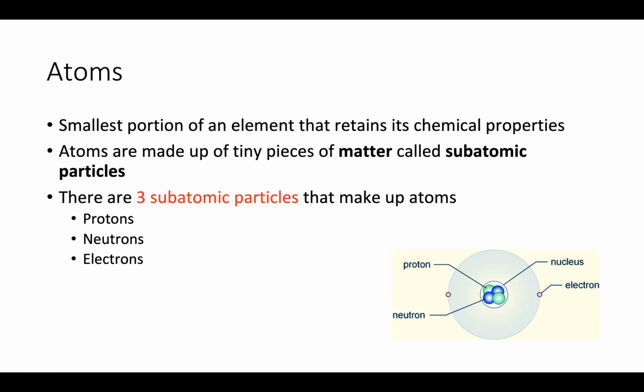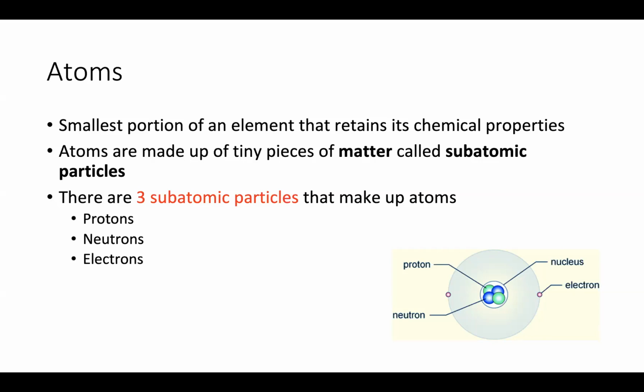If you're asked to describe the structure of an atom, you're going to draw your little circle that represents the atom itself, and then in the middle you're going to have that nucleus, right? And inside of our nucleus we have protons and neutrons. And then outside of the nucleus we have various energy shells that surround our nucleus, and that is where you will find your electrons. Okay, so right now we're saying that there are three types of subatomic particles that make up atoms.